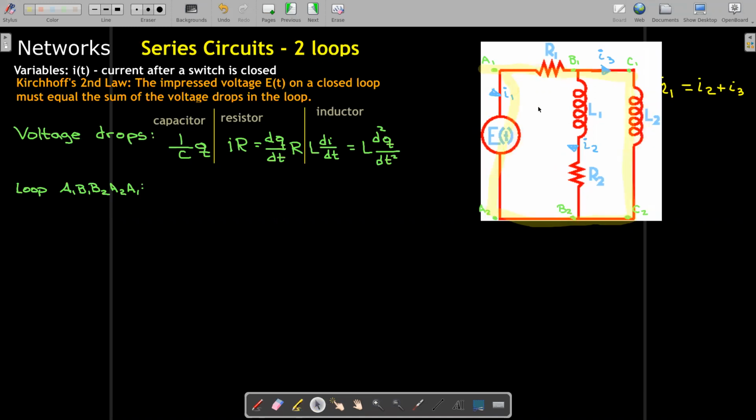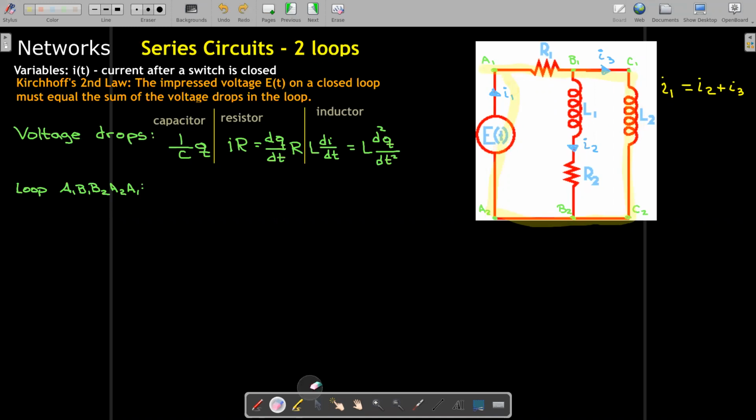Or the other loop would be coming in, taking a shortcut, and then coming back.